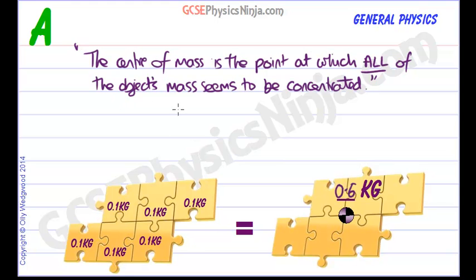And while we're at it, we need to just talk about the center of gravity, because gravity will act on that summary of all of the masses, and that would be the point through which weight appears to be acting, and we call that the center of gravity.